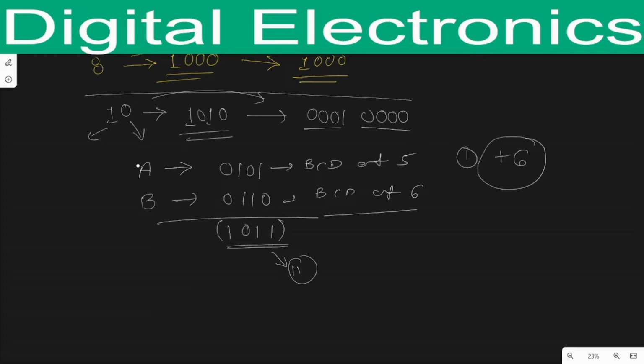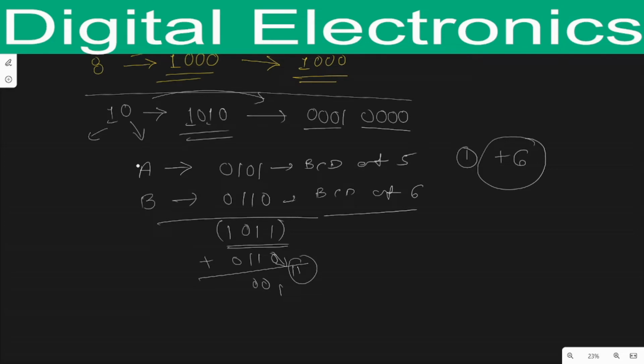Okay, so here we saw when we add 5 plus 6, at that time we get the binary equivalent 11, that is greater than 9. So what we will do at this time, we will add 6, that is 0110. At that time we will add 6, so what we will get, 1 plus 1 equals 0, carry 1.